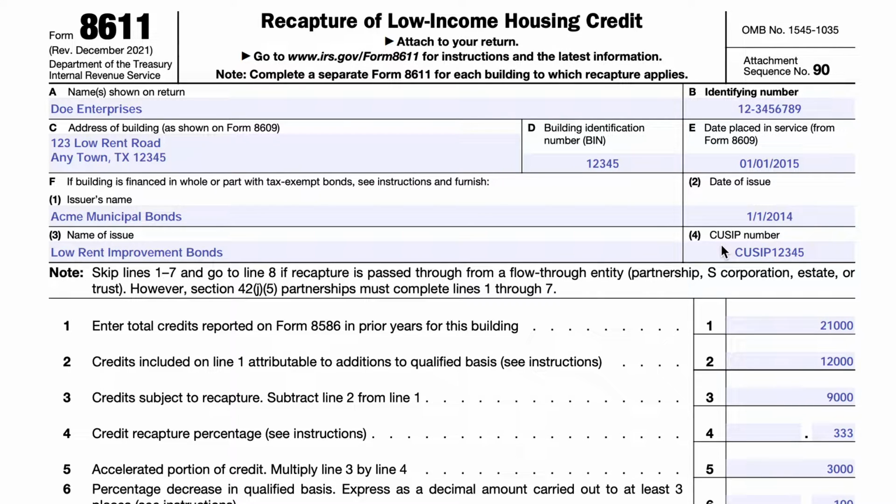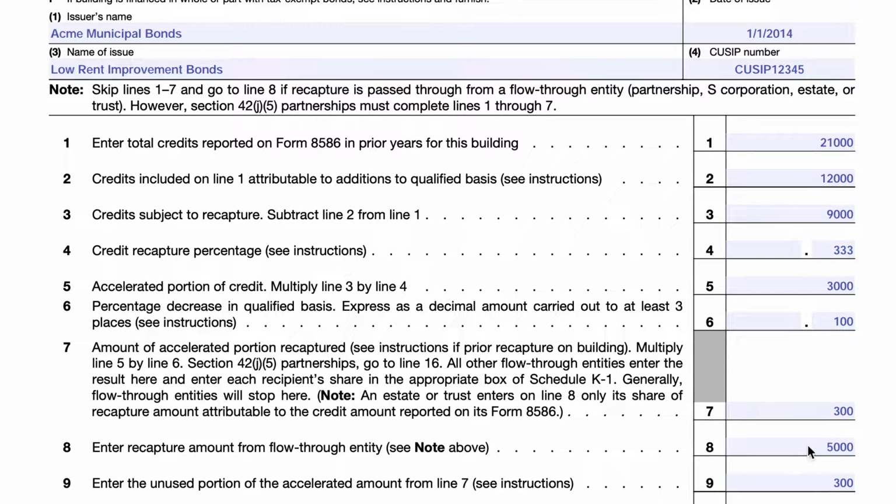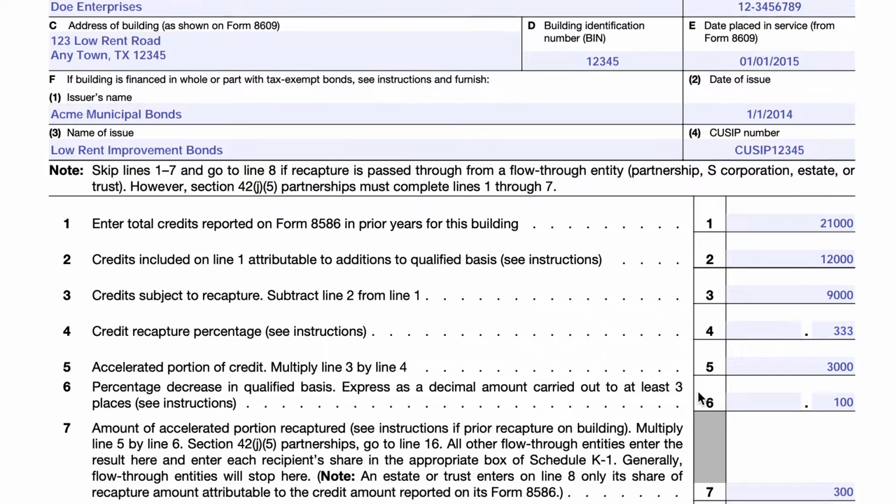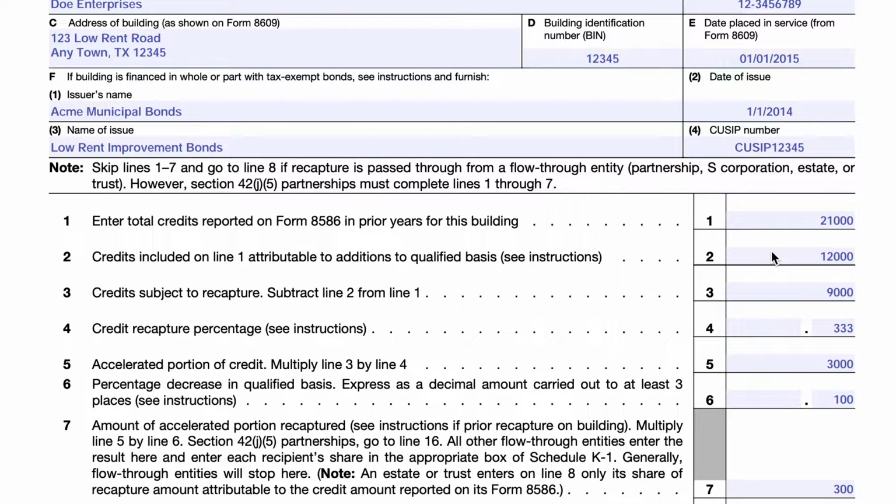Now, if this is a flow-through or pass-through entity, such as partnerships, S corporations, estates, or trusts, you would skip lines 1 through 7 and go to line 8, if the recapture amount was passed through from a flow-through entity. In this case, we have to complete lines 1 through 7.